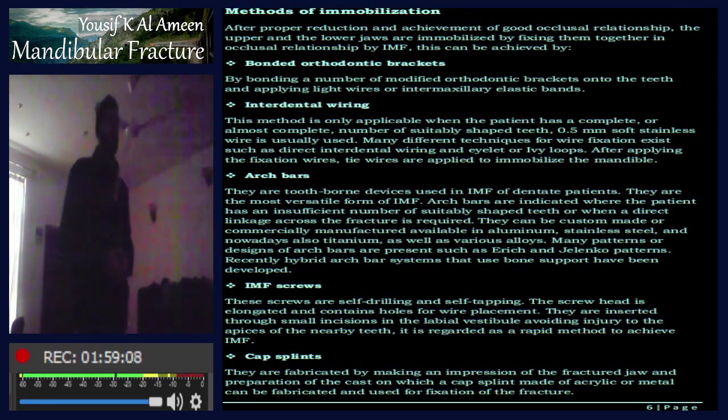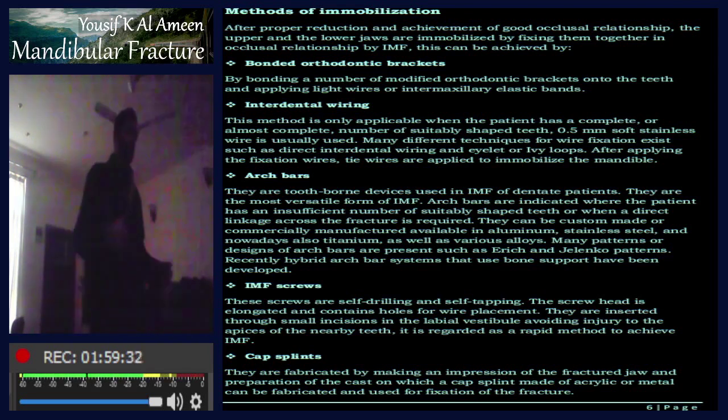There is another method for immobilization. It's called arch bars. They are both bone devices used in intermaxillary fixation of dentate patients.